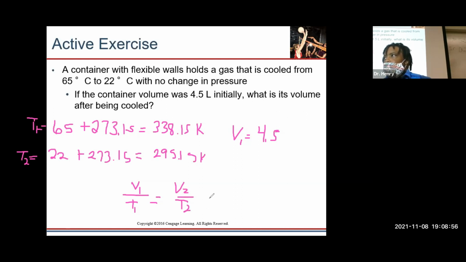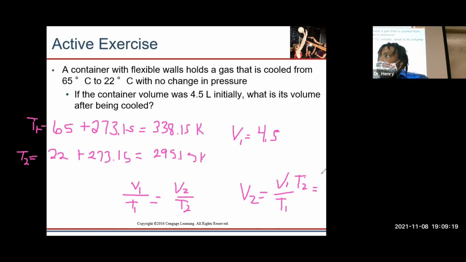And we're solving for V2. So then we'll just say V2 equals V1 over T1, and then put T2 on top. And then we just plug it in.